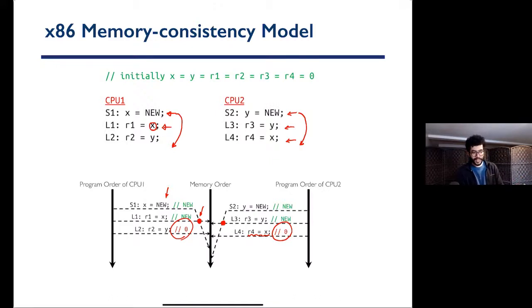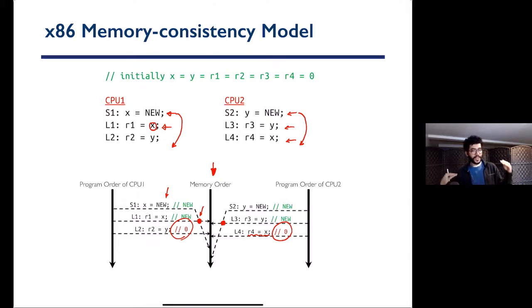So as you can see, if you look at this memory order, which is what at the end happens, we can see that these writes have been reordered in comparison to these reads.